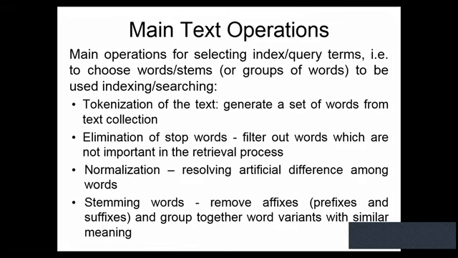So as a result, there are different text operations involved. Tokenization is obviously the first step, because first of all, whatever text we have, it has to be split into word level.